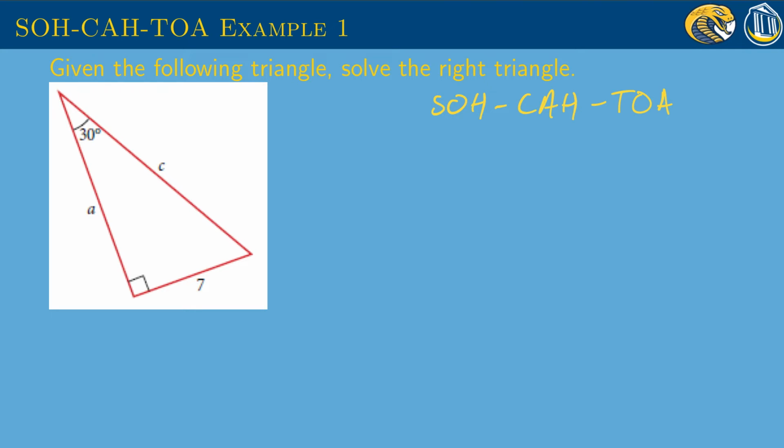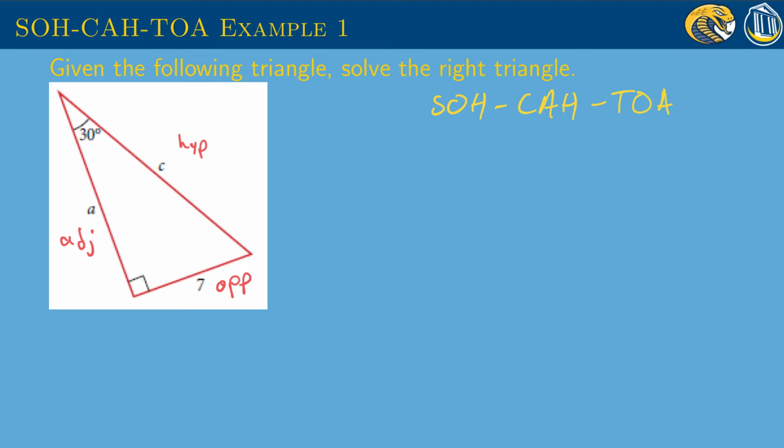Specifically, for a right triangle like this, the hypotenuse is the longest side, that's the unknown length c. The side opposite our known angle, that is this one, opposite. And the side adjacent to our angle, adjacent just means beside, is a.